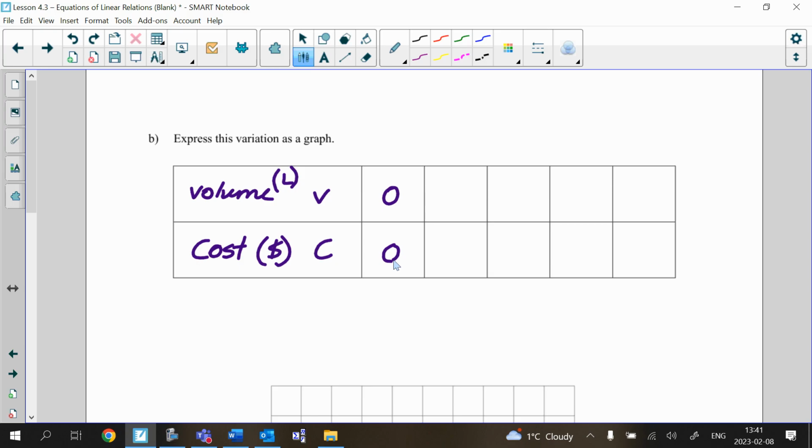If you put in 0, -1, -2, -3, -4, well, that doesn't quite make sense. So what's the cost for 2 liters? $4. 4 liters, $8. 6 liters, $12. 8 liters, $16. That's if we decided to use 0, 2, 4, 6, 8.